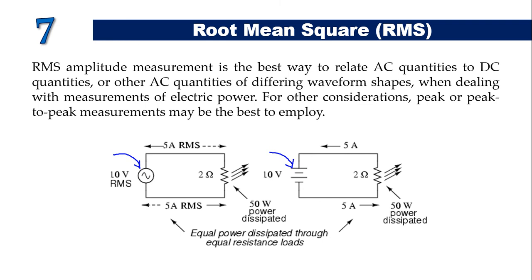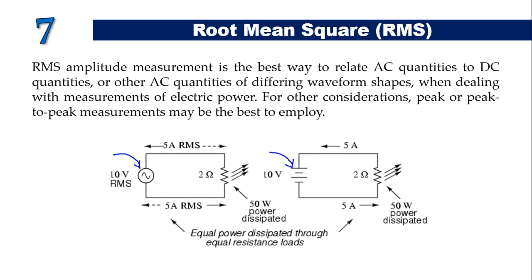Because the AC voltage source we see is equivalent to a 10 volts DC, we call this a 10 volt AC source. More specifically, we would denote its voltage value as being 10 volts RMS. This RMS means root mean square.